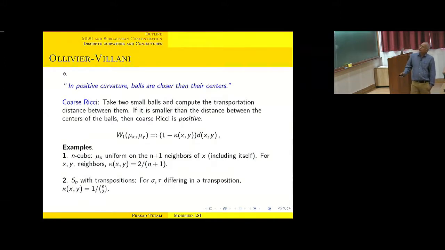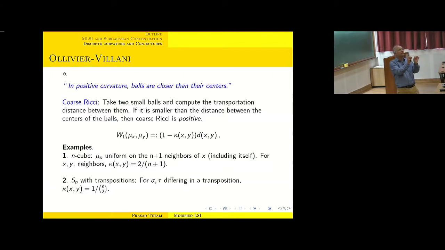It's easy to do these computations and show that for the discrete cube, the curvature is of order 1 over n, and for the symmetric group with transpositions, the example I spent some time on, it is of order 1 over n squared, and so on. This is also called path coupling in computer science, trying to couple two that are nearest neighbors.